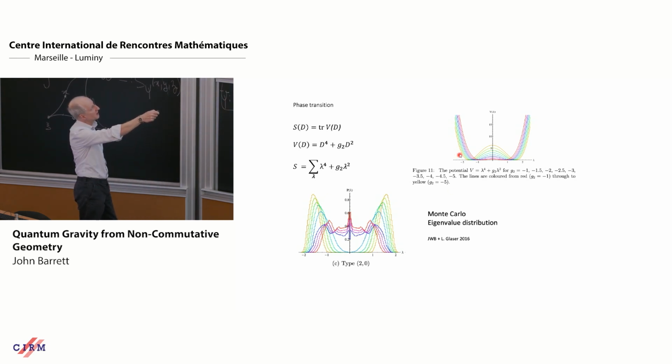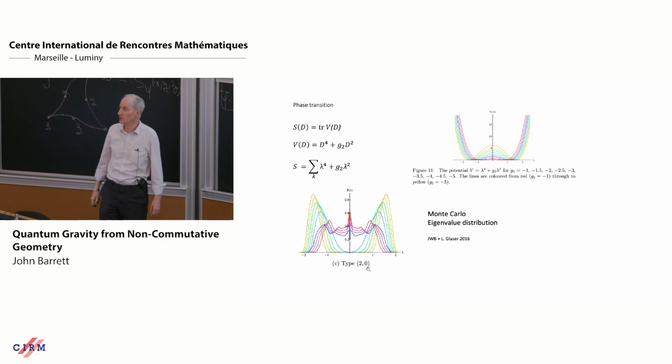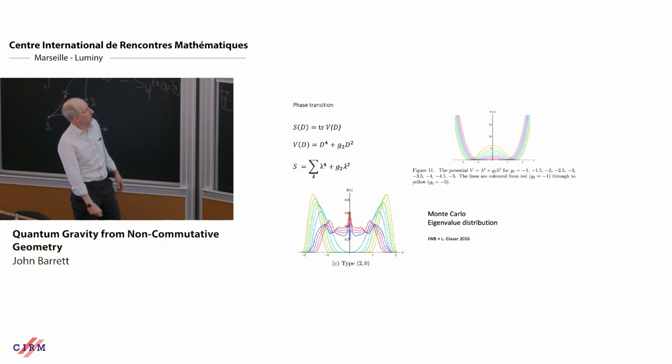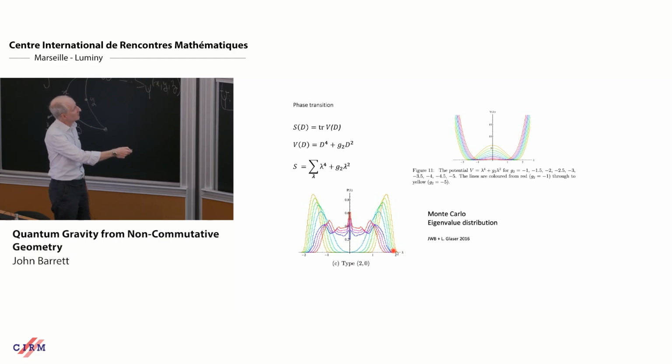Here's the picture of the potential up here. Different colors for different values, negative values of g2. And as you make it more negative, the well gets deeper, so the yellow one is a nice deep well. And then you see in the corresponding plot what the eigenvalue distributions are when you do this integration over Dirac operators. And we did this with Al-Glaser back in 2016.